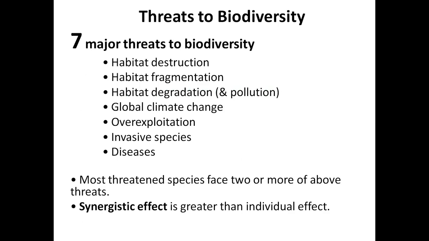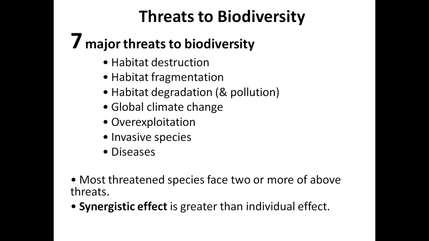So far, we have identified 7 major threats to biodiversity. The first one is habitat destruction, fragmentation, and degradation. And collectively, we recognize these first 3 threats as habitat loss. And global climate change is the latest, and it's actually interfering with everything. Overexploitation, invasive species, and diseases are some other major threats to biodiversity.